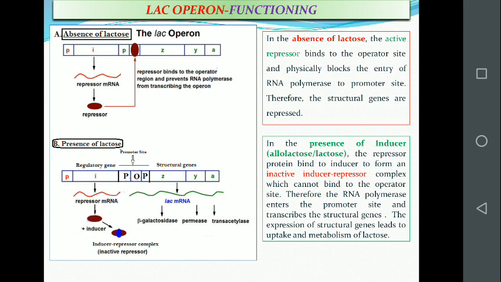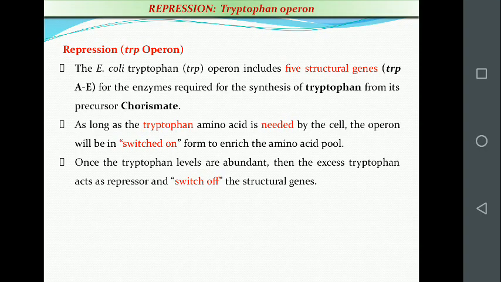We have already discussed the repression process, and I will not go into the details of it once again, because we have another topic in the next video lesson, and that is the attenuation process. To understand the attenuation process, I will explain the repression process briefly once again. The tryptophan operon is regulated by two mechanisms.